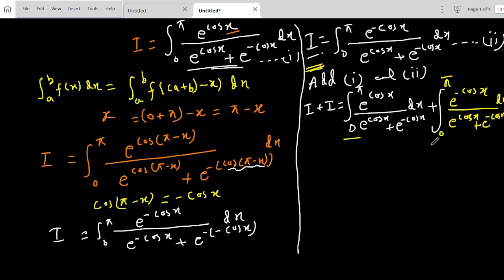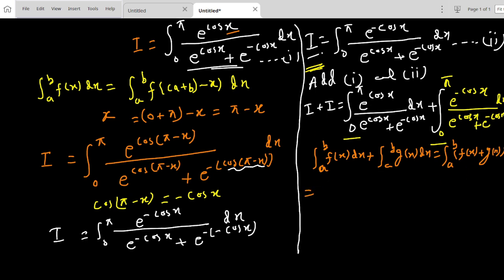Now since the limits are the same, we will use the property: integral from a to b of f(x) dx plus integral from a to b of g(x) dx is equal to integral from a to b of f(x) plus g(x) dx. So this property we are going to use here.